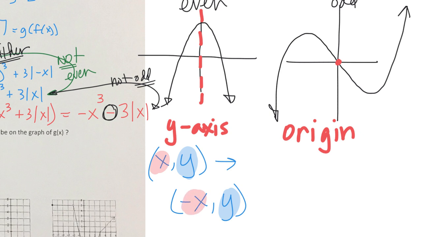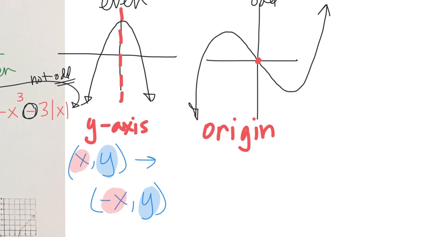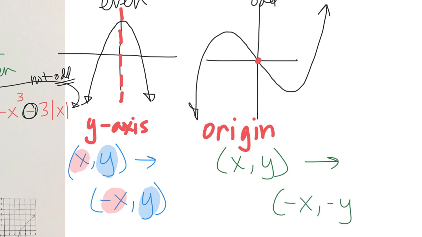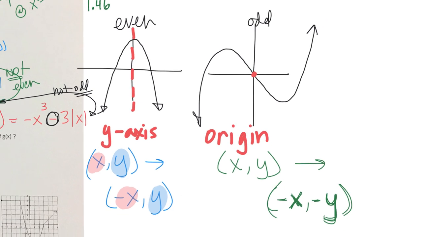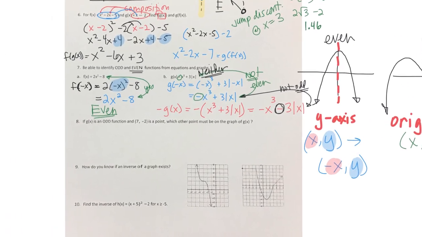That's how you know it's going to be an even function. And for odd functions, both of them change signs. That's how we know it is an odd function. So that's everything you never wanted to know but need to know about odd and even functions for your comprehensive test in a couple of days.